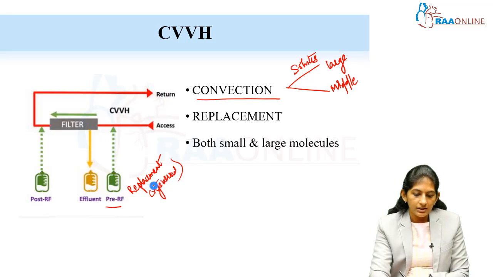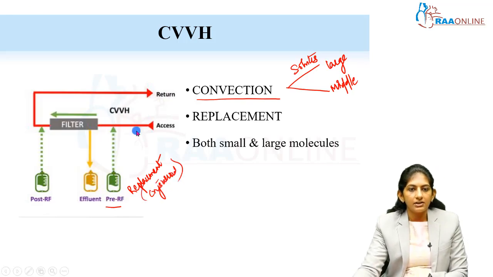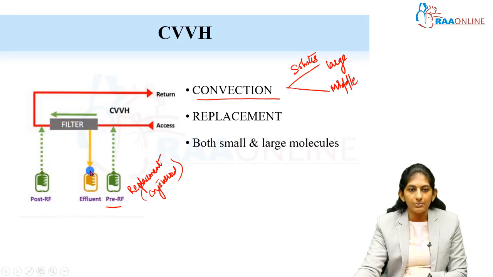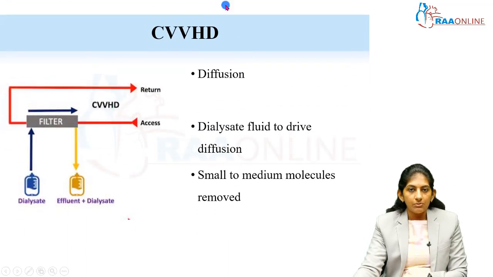As soon as the blood enters the filter, immediately I start my replacement fluid, which also goes at a faster rate, and in the filter the convection happens. So the waste materials, all the solutes, are getting collected in the effluent bag. Once the filtration is done, the blood goes back to the patient's system. So this is convection used here. In hemodialysis, diffusion is used.